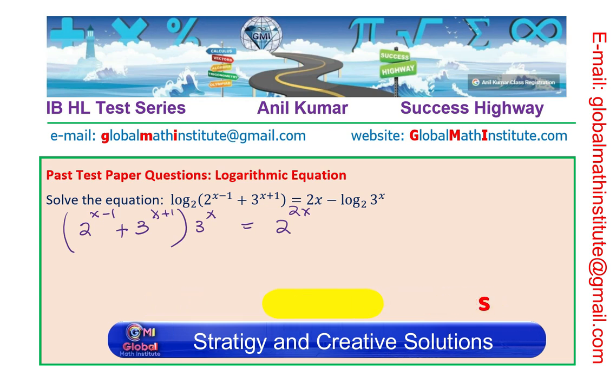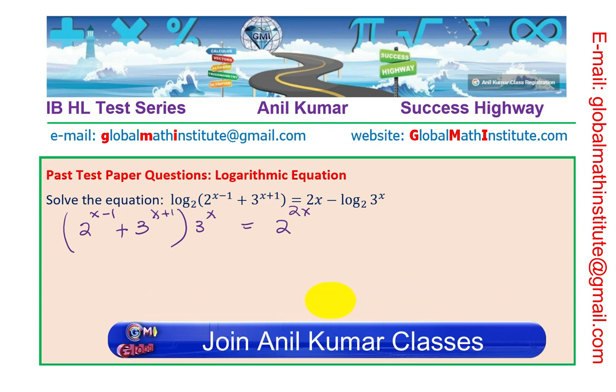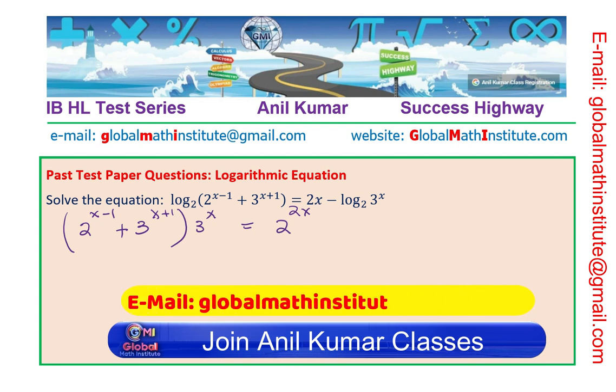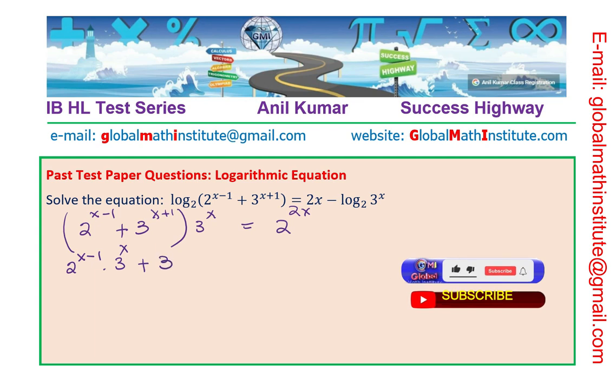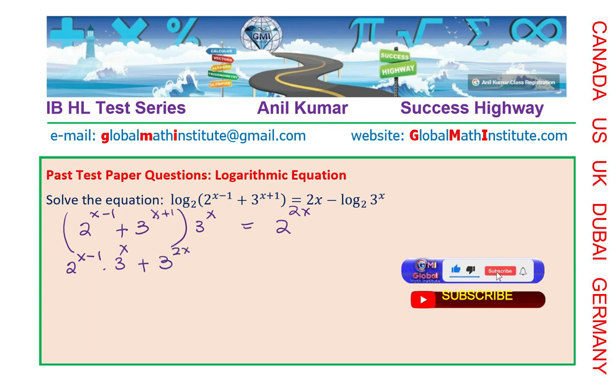Now, if I open the bracket, what do we get? We get 2 to the power of x minus 1 times 3 to the power of x plus 3 to the power of 2x times 3. When you add, you get 2x plus 1, which is times 3, which is 2 to the power of 2x.